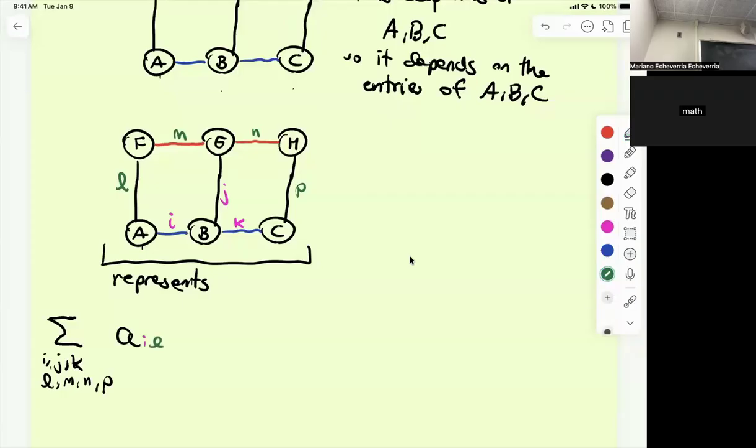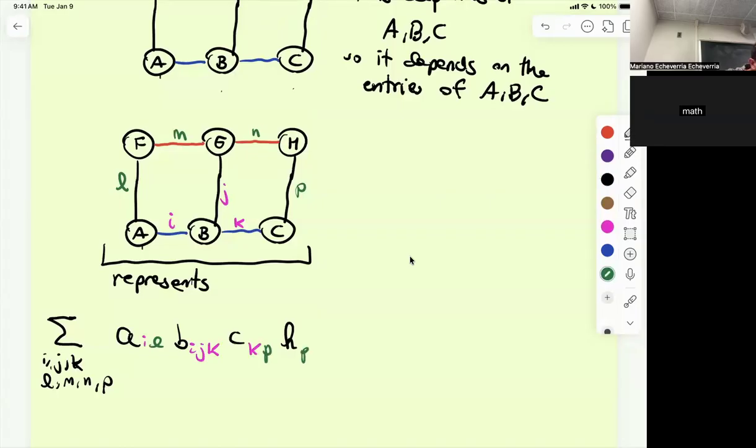So A has entries I and L, and it's contracted with B. So B has entries, let's say, B, J, K. Then C has entries K, P, and H has entries P, N.